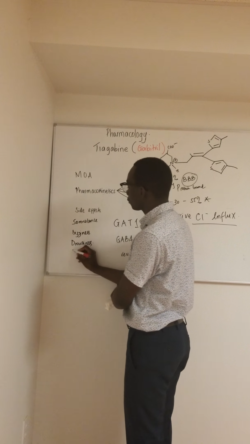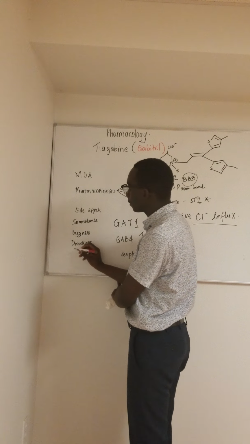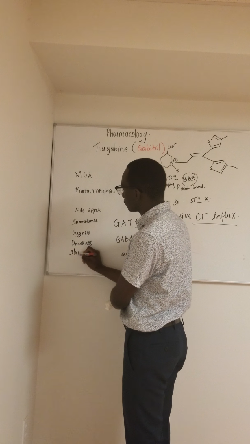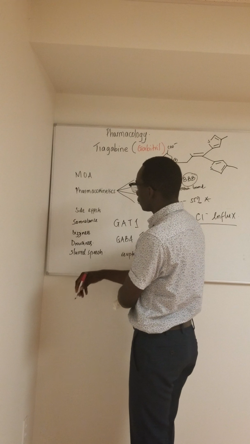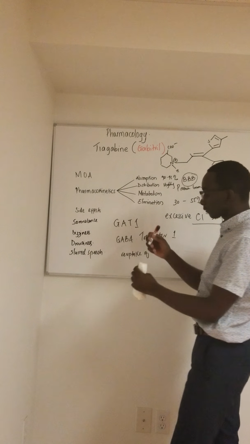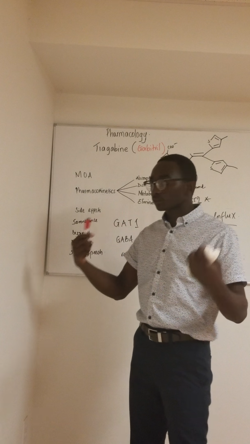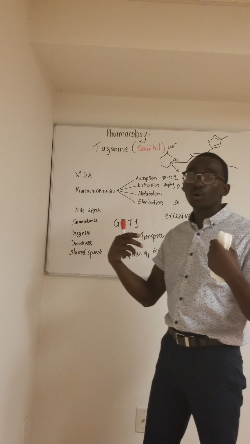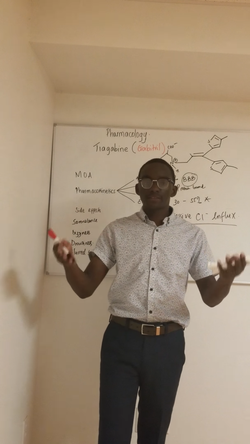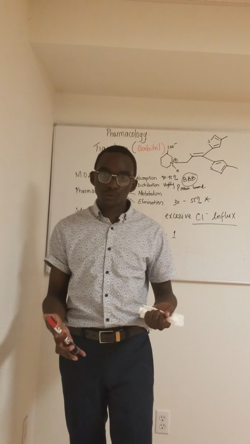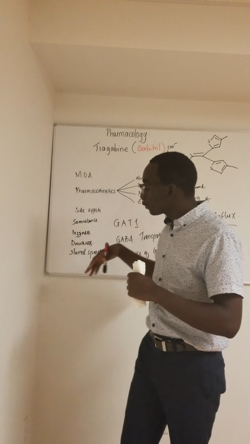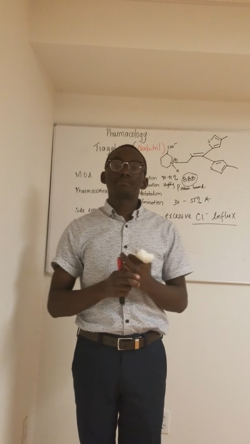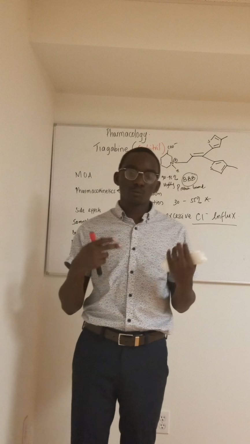Dizziness, drowsiness, and also problems in speech, slurred speech, and some other known side effects like nausea and vomiting, which are signs of maybe toxicity seen with most of the drugs. Basically, these are most of the seen side effects with this drug.